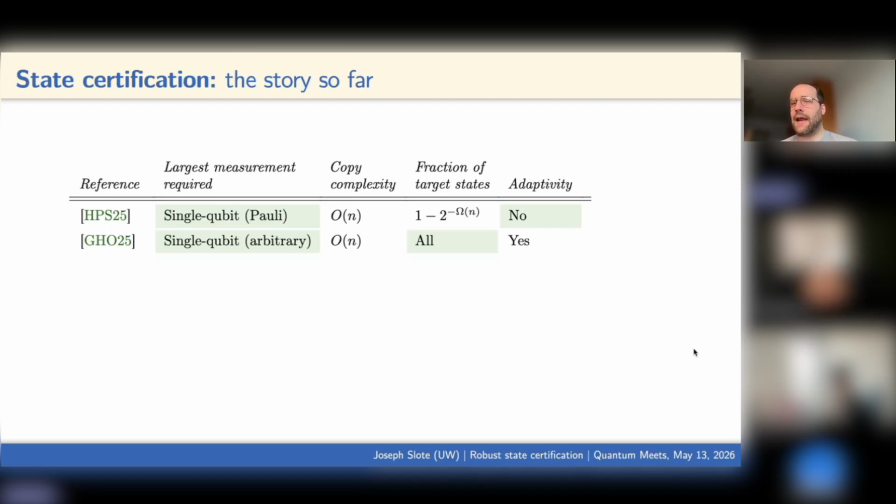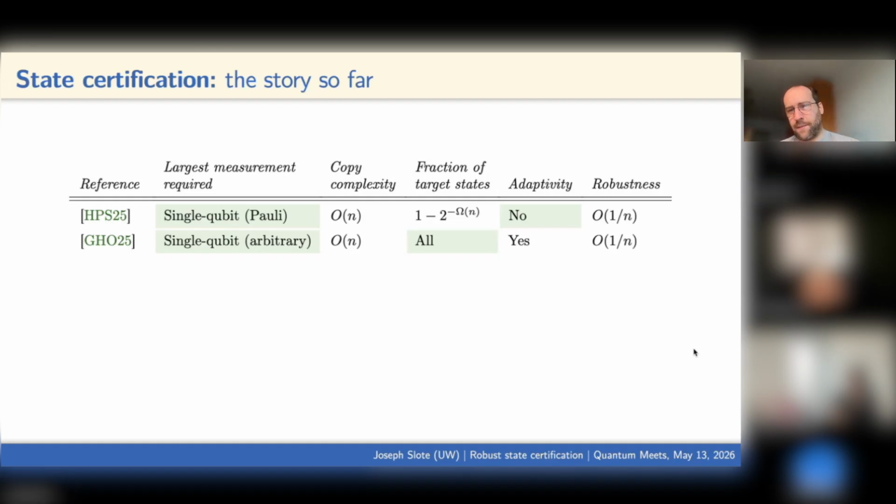Unfortunately, they need adaptivity. And moreover, they also prove that adaptivity is necessary if you want to get all states. So this is a very cool extra fact: if you have any non-adaptive algorithm, you can cook up a state that fails to be certified by this protocol. Maybe they don't use poly measurements, they use arbitrary measurements, but still it looks pretty good.